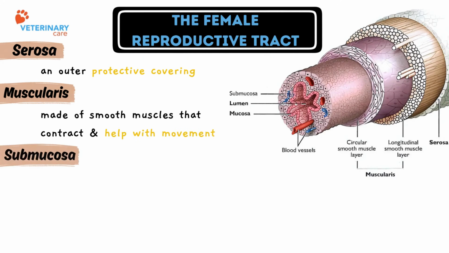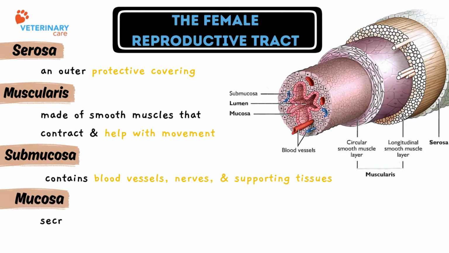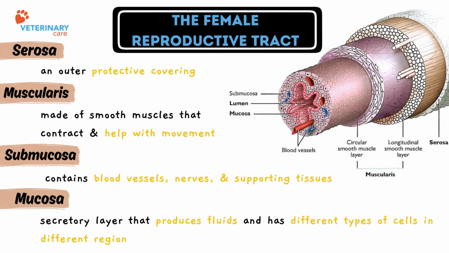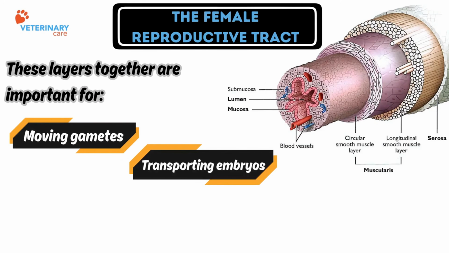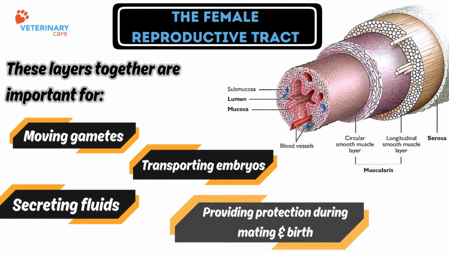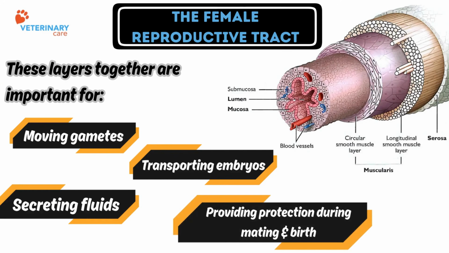Beneath that is the submucosa, which contains blood vessels, nerves, and supporting tissues. Finally, on the innermost side, we have the mucosa, which is the secretory layer that produces fluids and has different types of cells in different regions. These layers together are important for moving gametes, transporting embryos, secreting fluids, and providing protection during mating and birth.